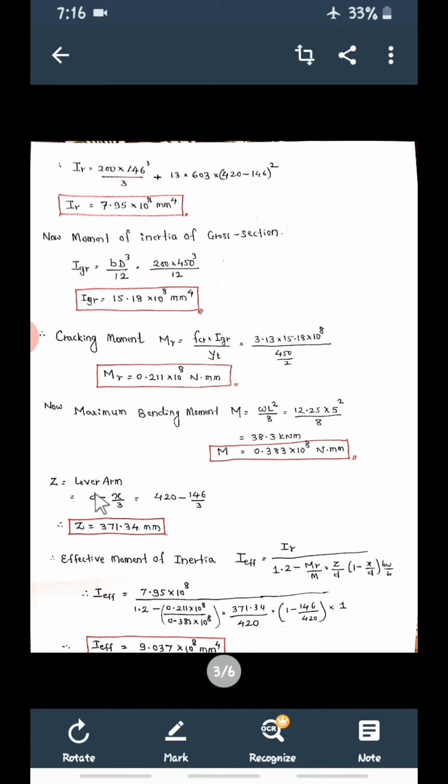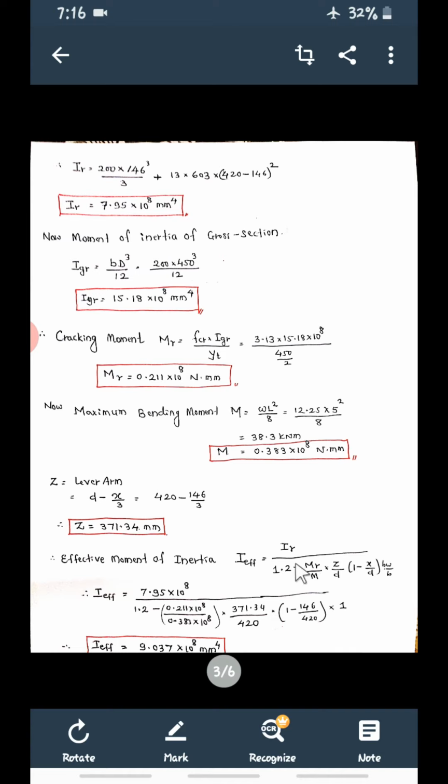Then what is the lever arm Z? Z is equal to effective depth D minus X by 3. So 420 minus X, which we already calculated as 146, by 3. So lever arm Z equals 371.34 mm. Therefore, substitute all the values in this equation.